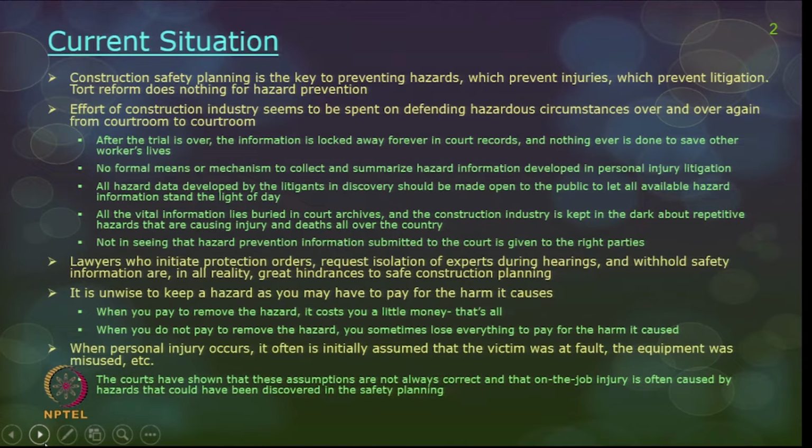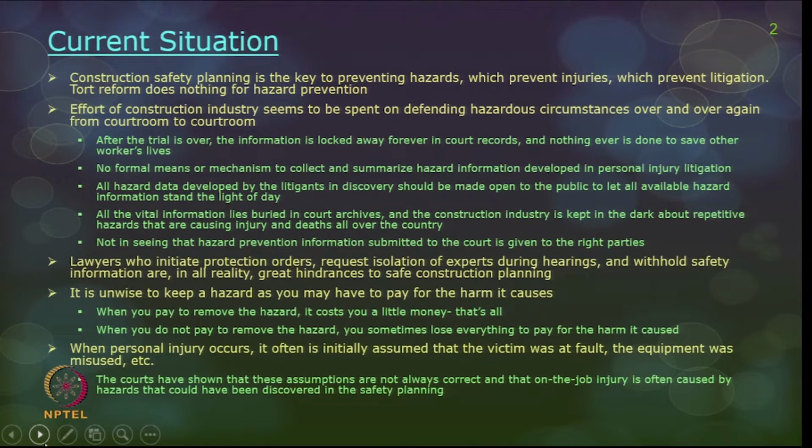Now, as a result of an accident, somebody gets injured, and then it comes to litigation or arbitration, to court trials. At that time many of the evidences related to the hazards would have been collected, documented, and presented before the court trials for evaluation and proceedings.